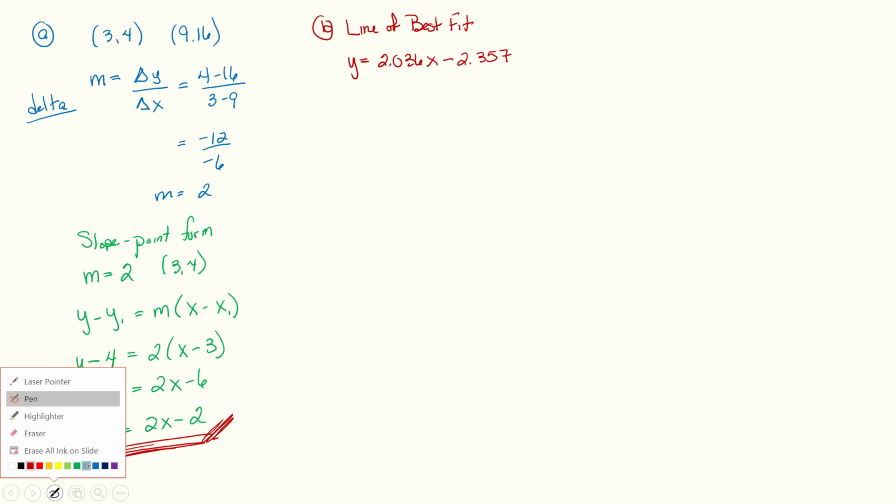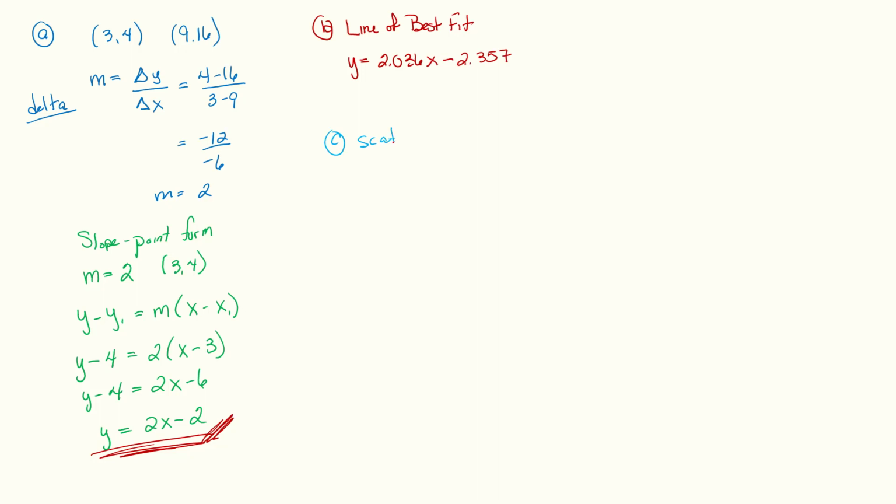And once you create the scatter diagram, it could ask you to graph the equation from part A with the points, or the equation from part B with the points also. So be aware of that, all right?